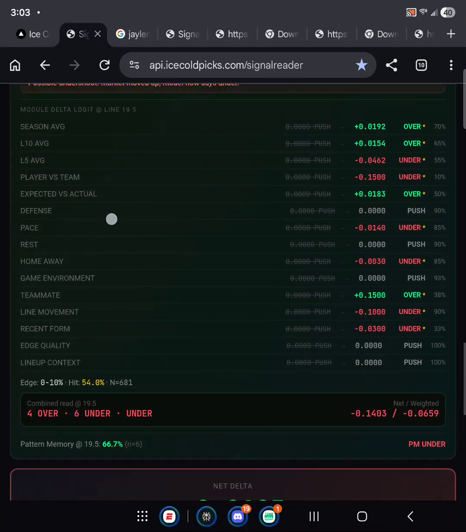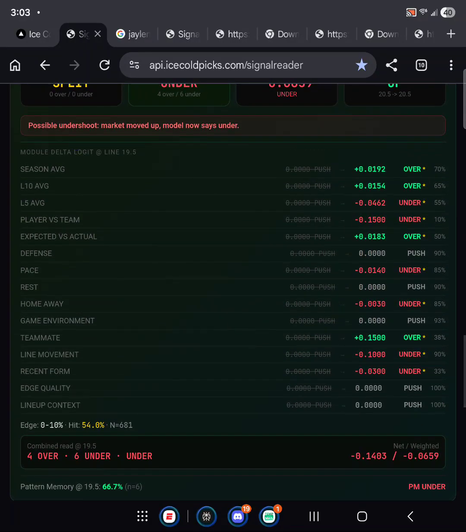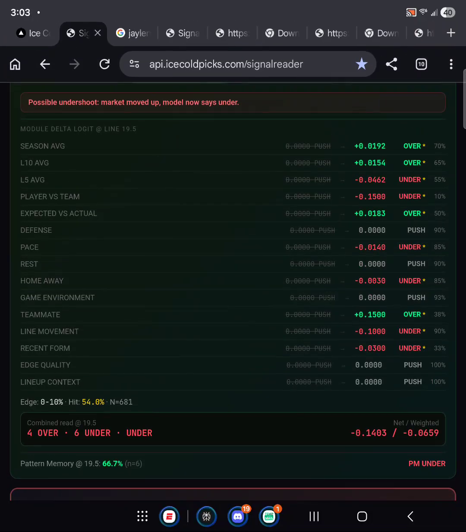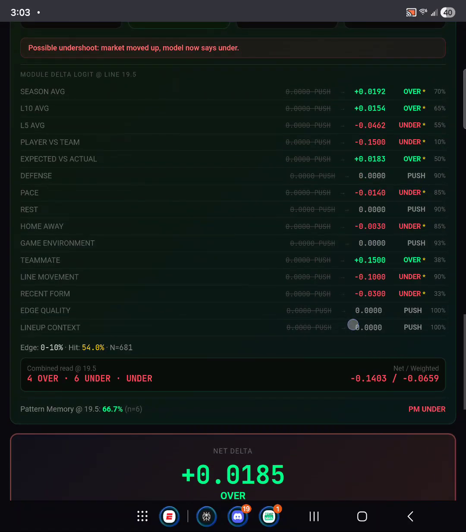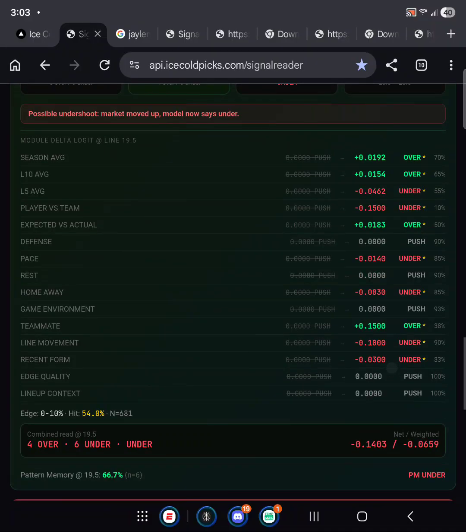Honestly, if it was me, what I would have been deciding on, hey, the edge quality is 54%, pattern memory is 66.7%. They all support the under. You look at the last 5, where he's going recently trending, he's going under in his last 5, so he's going double under.